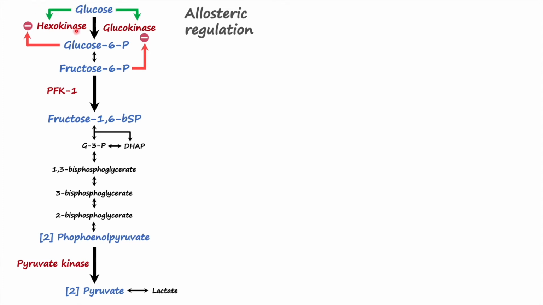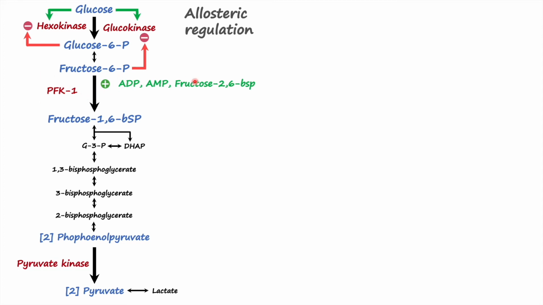Now let's talk about the phosphofructokinase 1 enzyme. When the cell's energy stores are depleted, the accumulation of ADP and AMP allosterically activates the PFK1 enzyme.